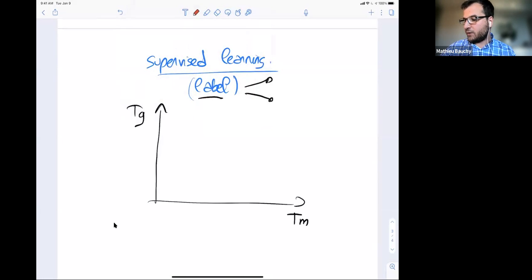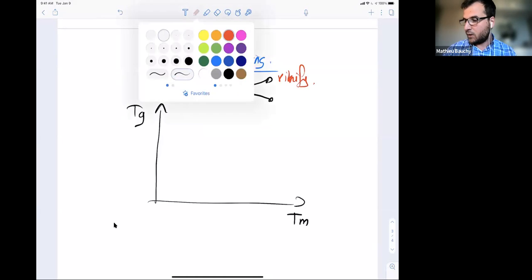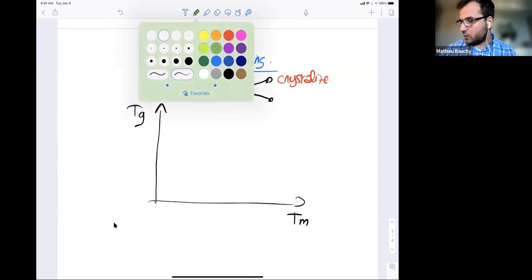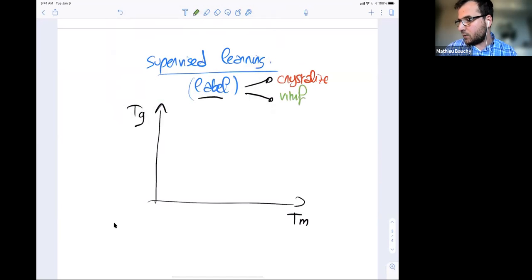Either you know that the melt can vitrify, meaning that if you quench it, it's going to turn into a glass that looks like it's not crystallized, not phase separated, anything like that. Or for some other melts, you know that they will crystallize. So you have those two things: either it's going to crystallize, or it's going to vitrify.